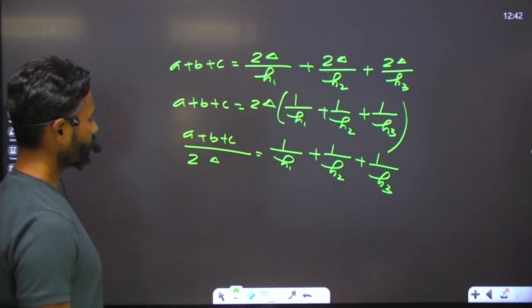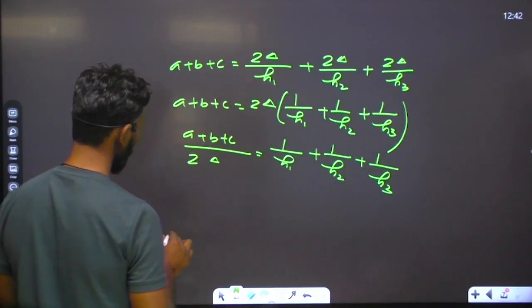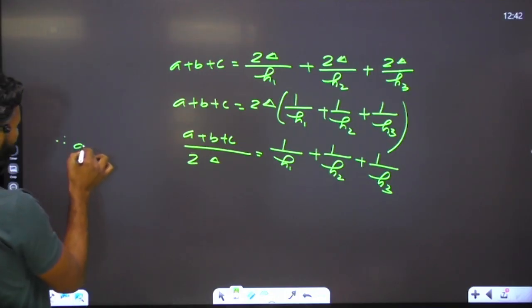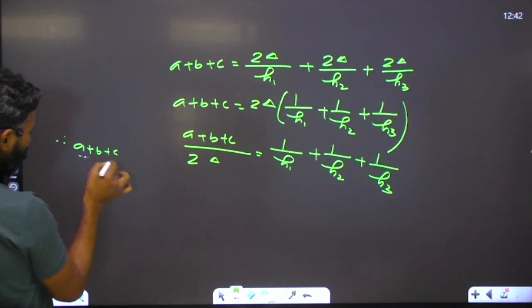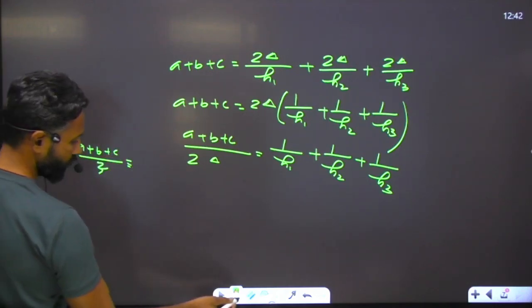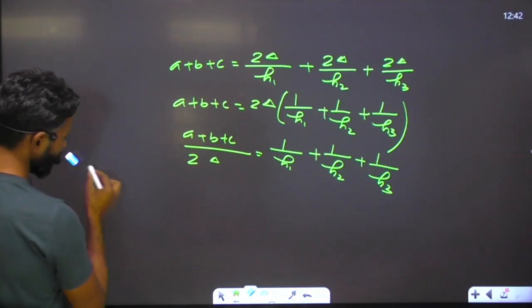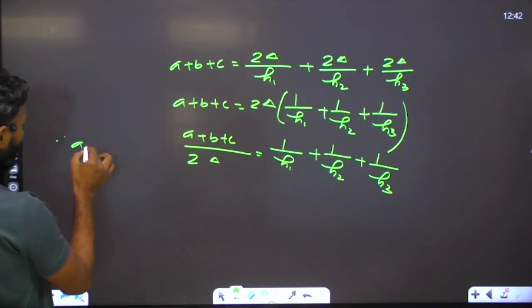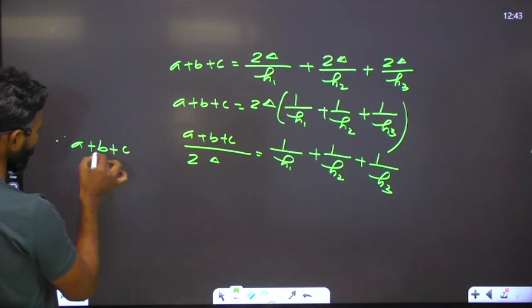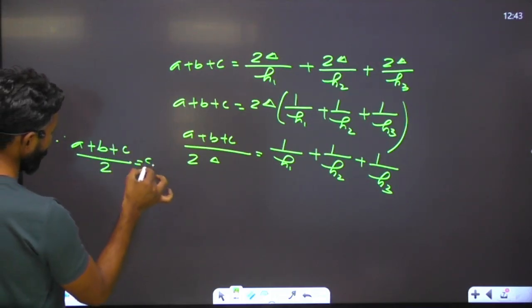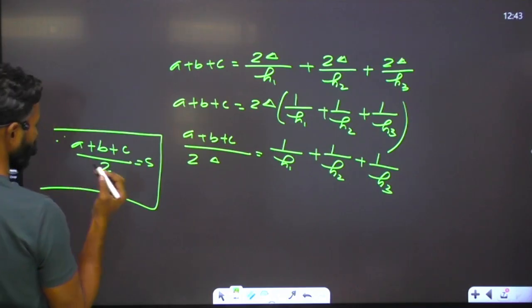Now you already know that a plus b plus c upon 2 will be equal to s. Don't you know this? You know this very well.